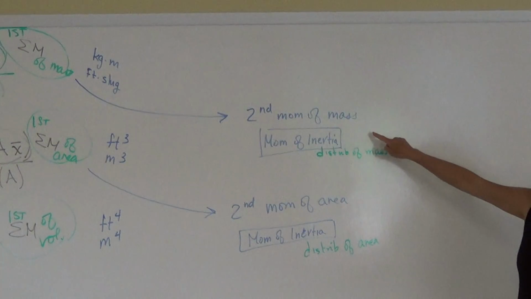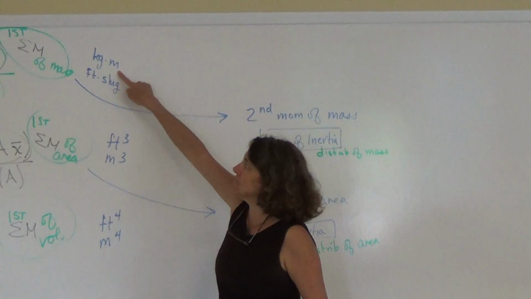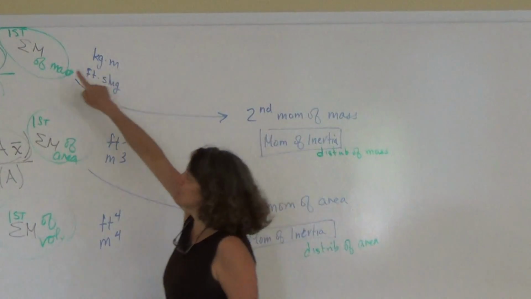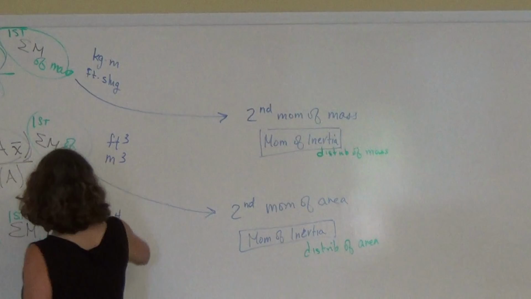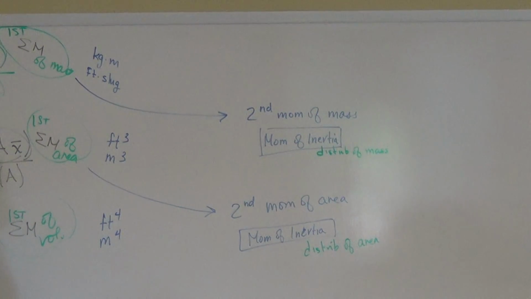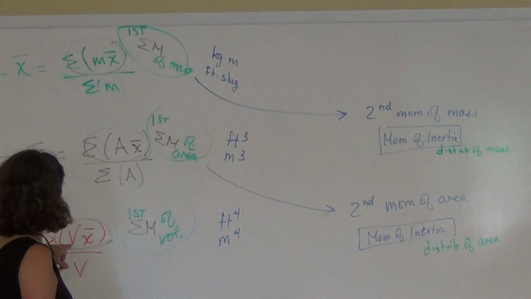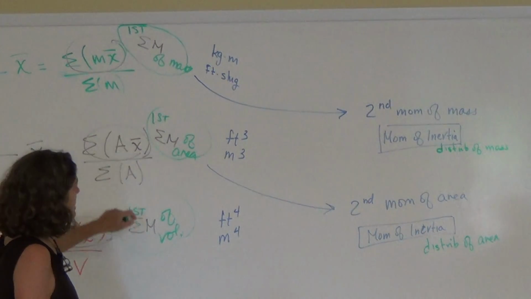What do you think the units are of this? The units here are kilogram meter. This was the first moment, and you noticed in all the moments, you multiply by a distance, right? Moment of mass, multiply by distance. Moment of area, multiply by distance. Moment of volume, multiply by distance. So these are all the first moments.